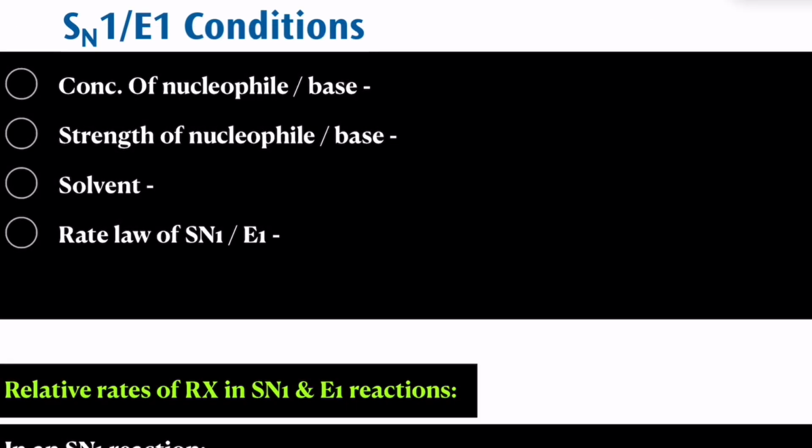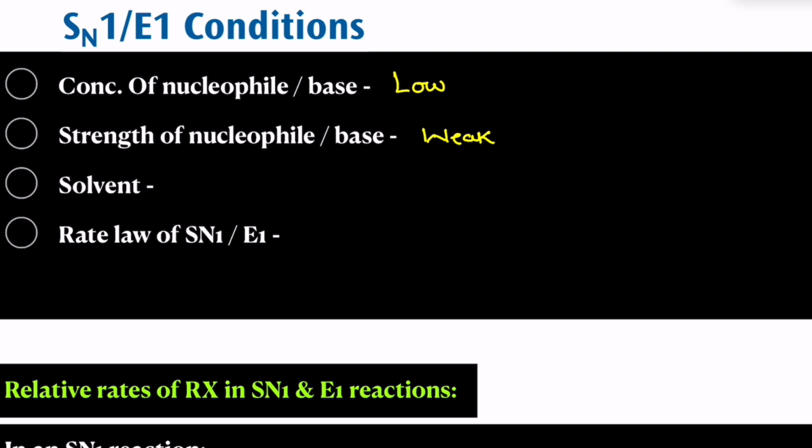Now, let us discuss the same for SN1 and E1 conditions. But when compared to SN2 and E2, it is somewhat easy. Concentration of nucleophile or base, if you observe for SN1 and E1 conditions, low concentration of nucleophile or base is preferred. Strength of nucleophile or base, we prefer a weak nucleophile or a weak base.